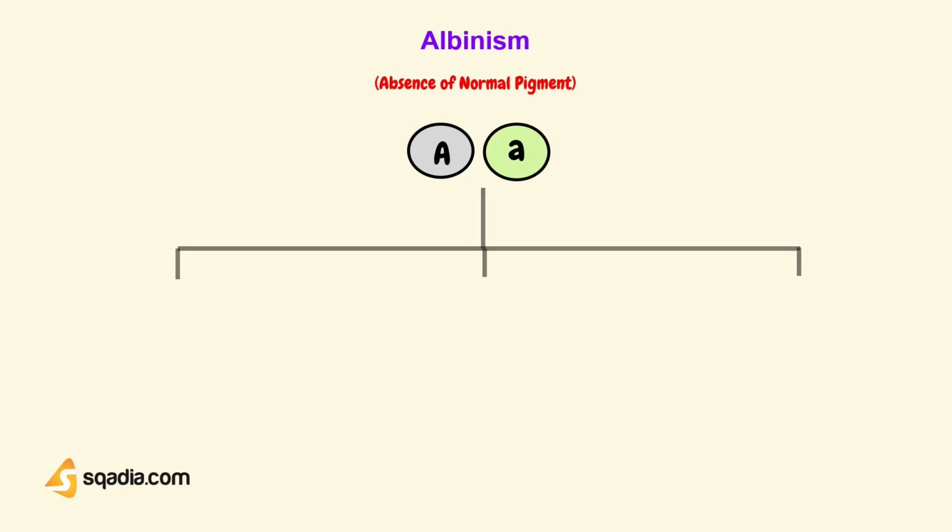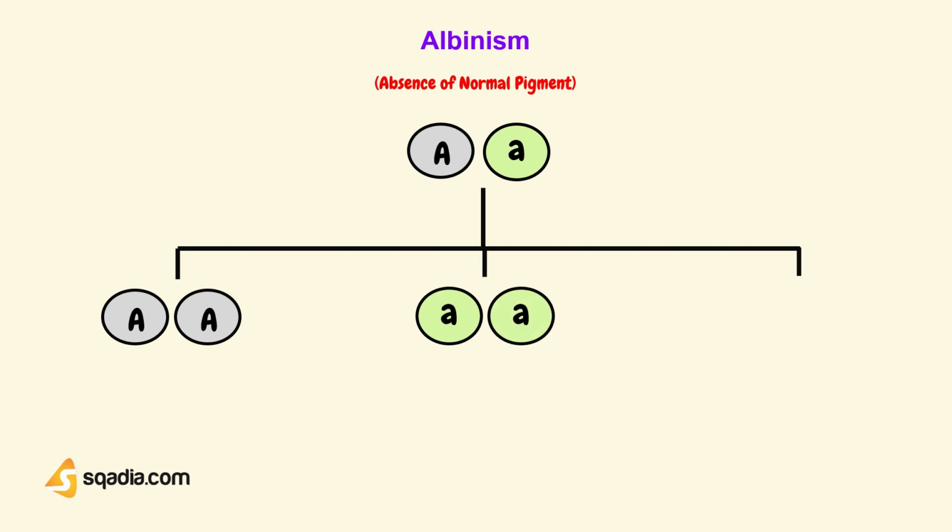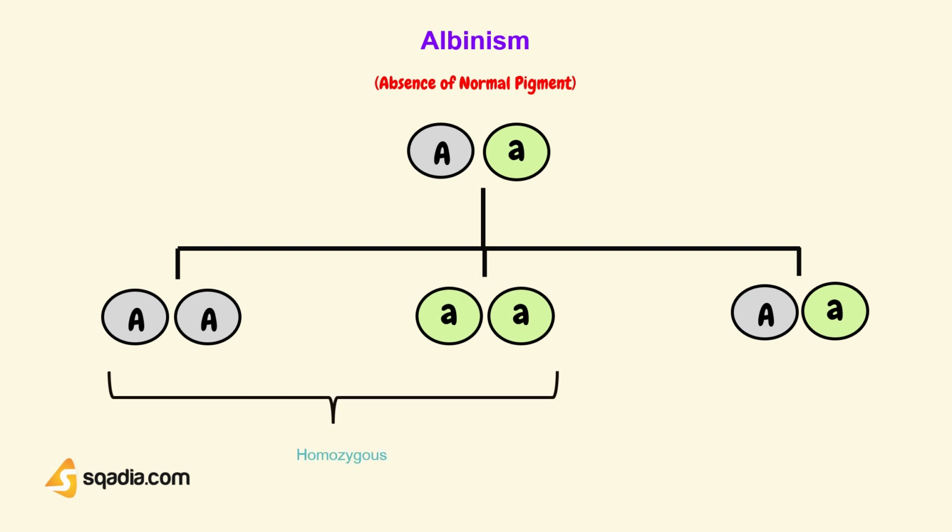Three combinations or genotypes are possible for these two alleles: capital A and capital A, small a and small a, capital A and small a. These genotypes can be grouped into two types: homozygous, because the gene pair contains two identical alleles, and heterozygous, because the gene pair contains two different alleles.